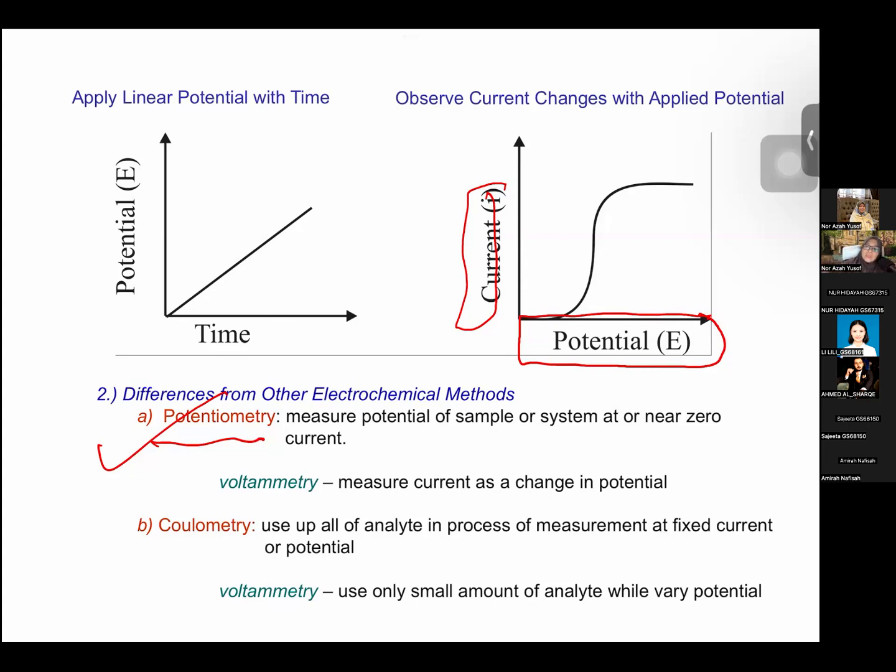The system does not need to be supplied with potential, because the difference of concentration in the beaker where you dip the pH probe and inside the probe generates a potential difference. So I'm not going to discuss that. That is potentiometry. But voltammetry is different.